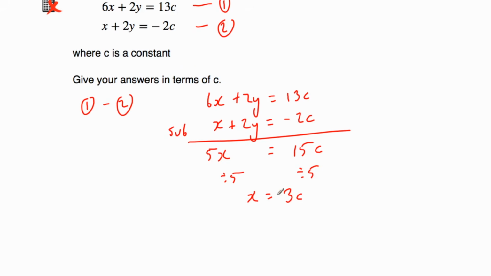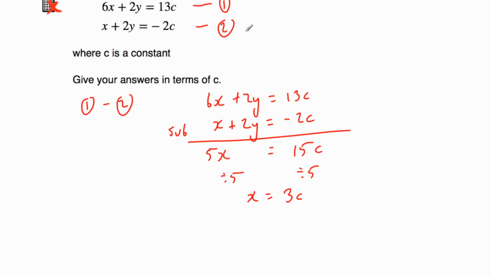So we've now found what x is, which is 3c. If we substitute that into either equation 1 or equation 2, we can then find our value for y. We could substitute this into equation 1 and we would get 6 times 3c, which would be 18c, so 18c plus 2y is equal to 13c, and you could solve that.